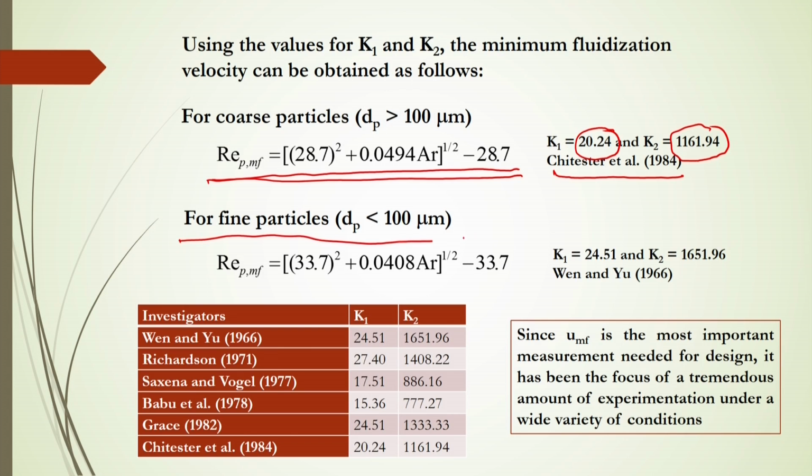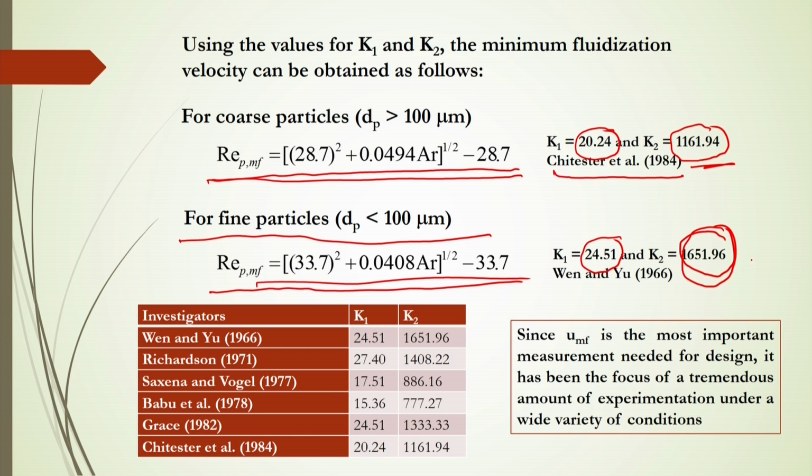Whereas, for fine particles, if particle size is less than 100 micrometer, you have to calculate the minimum fluidization velocity from this equation. In this case, K1 equals 24.51, a little bit higher than the earlier one, and K2 is again higher, equal to 1651.96. This has been given by Wen and Yu.